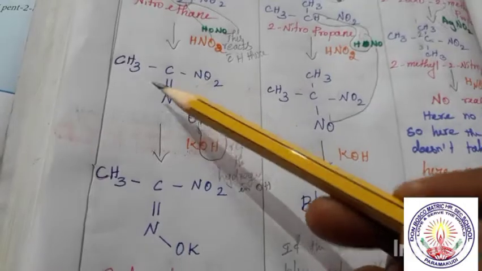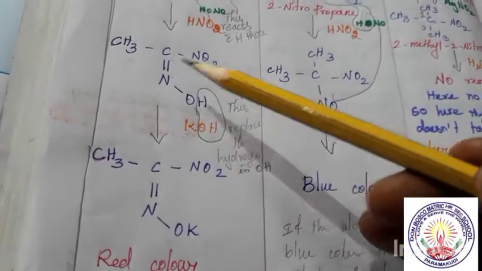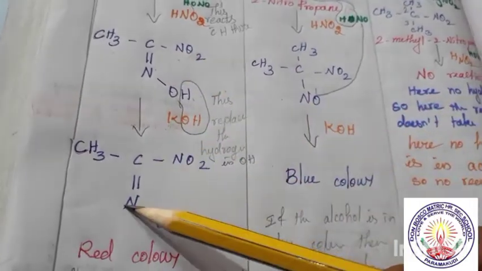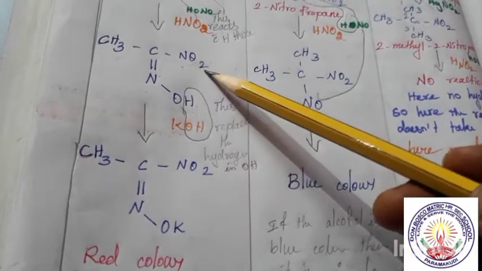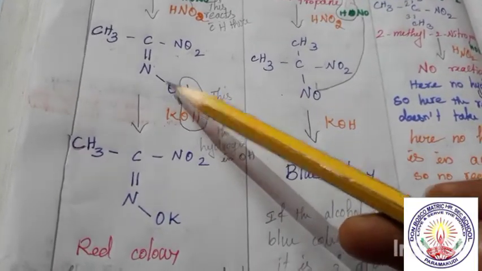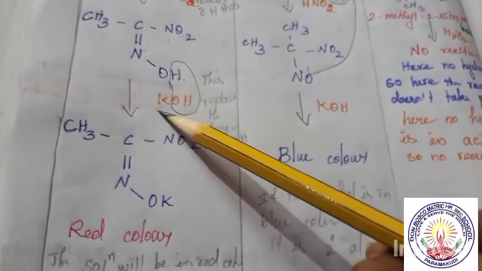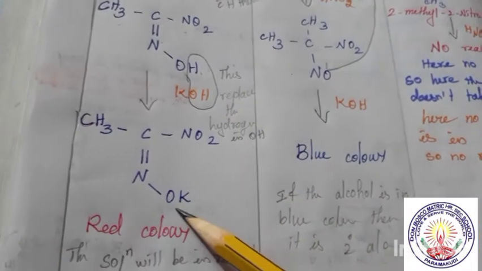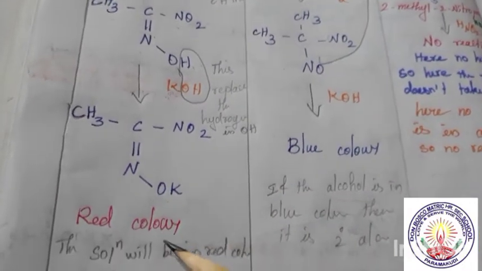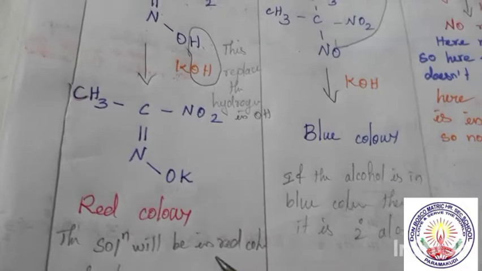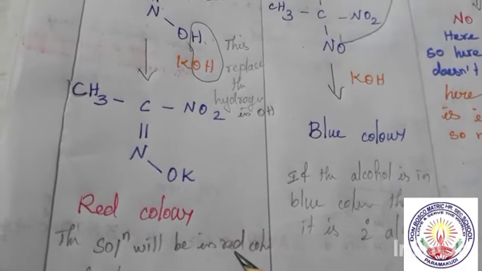So we get CH3 C double bond N, this NO2 will be here, and we will have OK here. This solution will be red in color. When this solution is red in color, this is a primary alcohol.